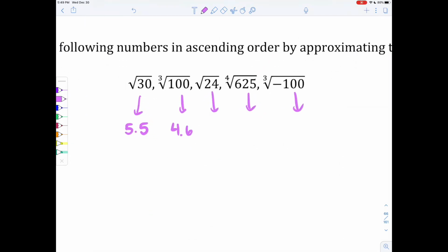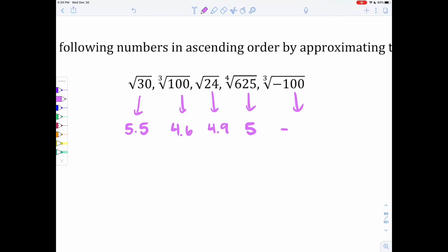The square root of 24, that's almost 25, which is a perfect square. So let's say 4.9. The fourth root of 625, that's actually a perfect fourth, and that's 5. And the last one, we're looking at the cube root of negative 100, which means our final answer would have to be negative.